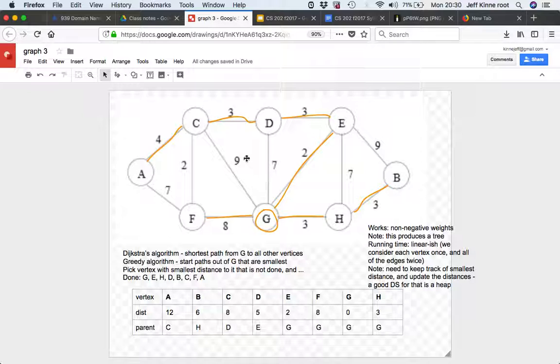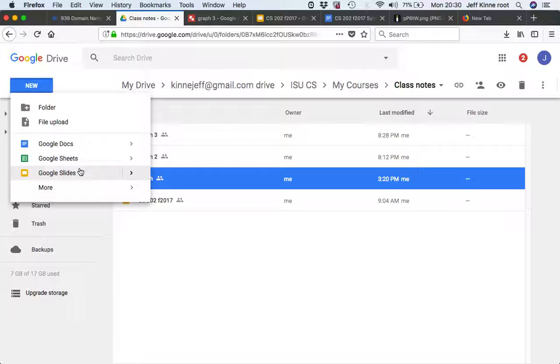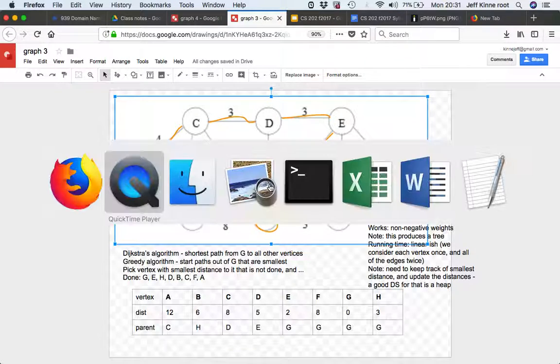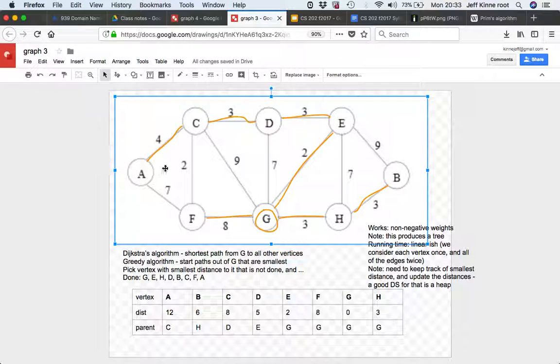Alright. We're going to pause. Okay, so this was our Dijkstra's algorithm.